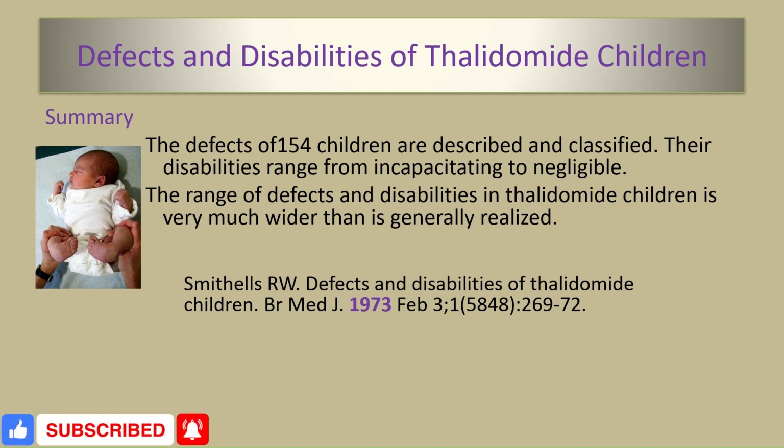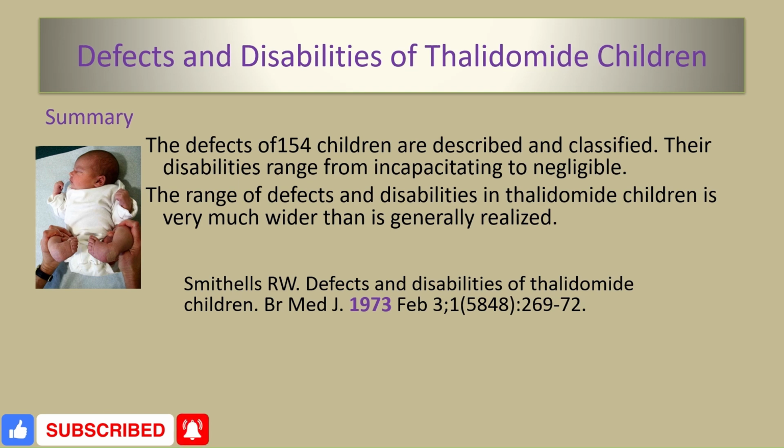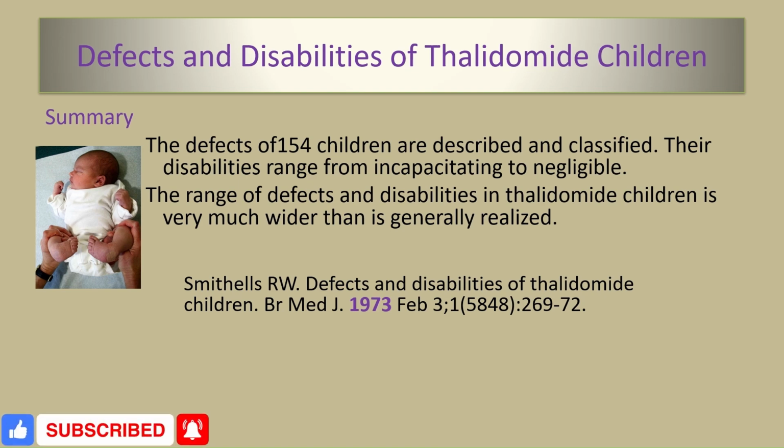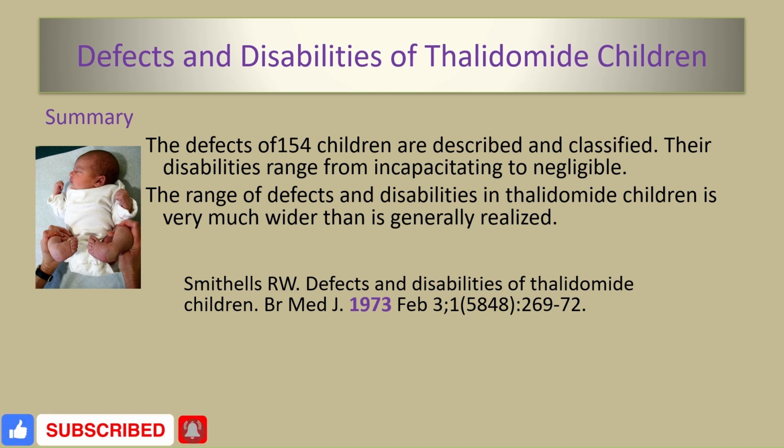Their disability ranges from incapacitating to negligible. The range of the defects and disabilities in thalidomide children is very much wider than is generally realized. This article was published in 1973.